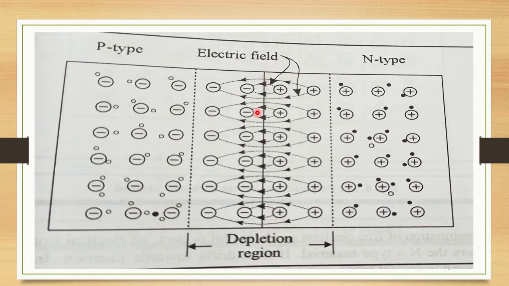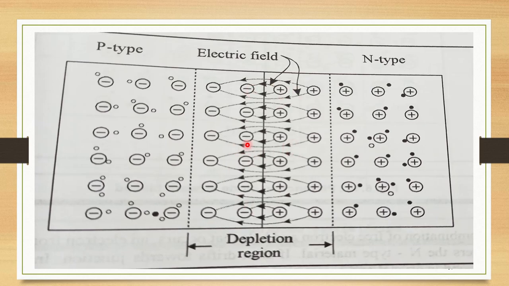The charges move across the thin junction like this. By way of this movement of electrons and holes, a current is generated in this region.